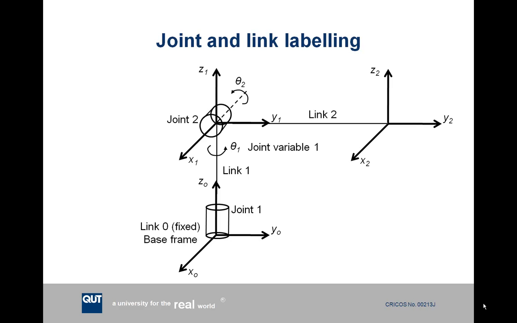And then joint 2 is positioned at the end of link 1. So the joints in general join together links, and joint 2 has its own joint variable, θ2. Once again, it's a revolute joint here, and so forth.